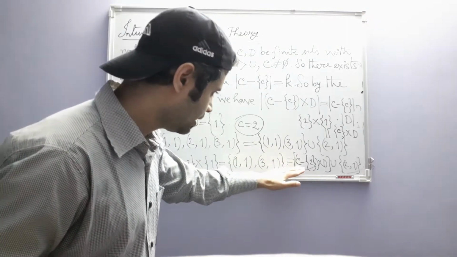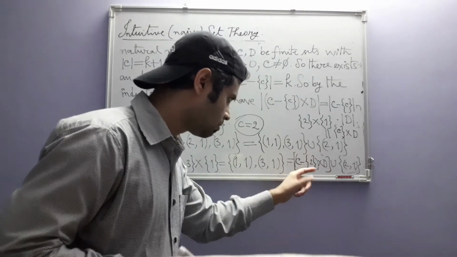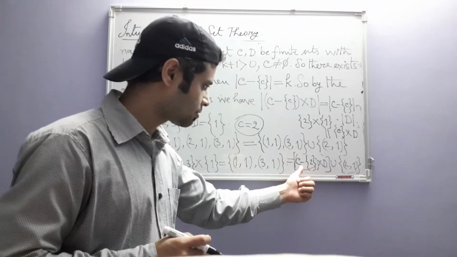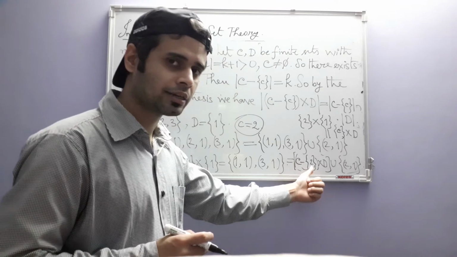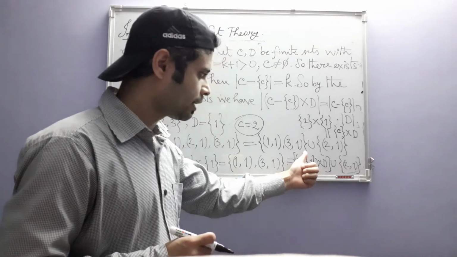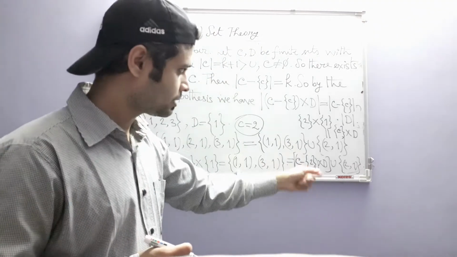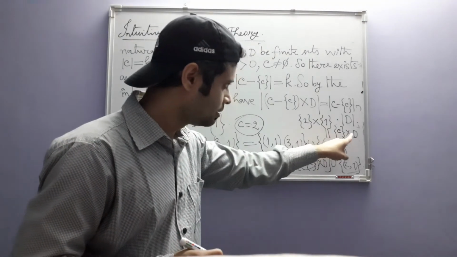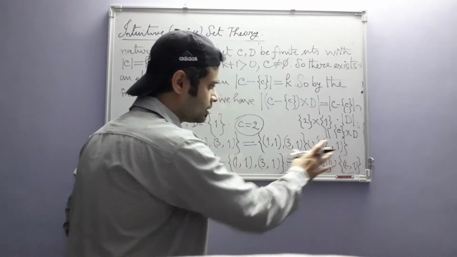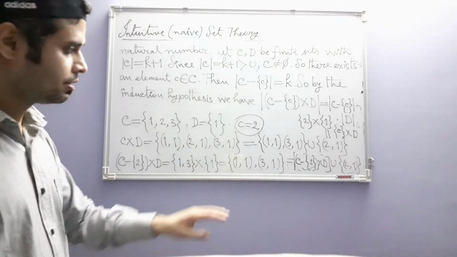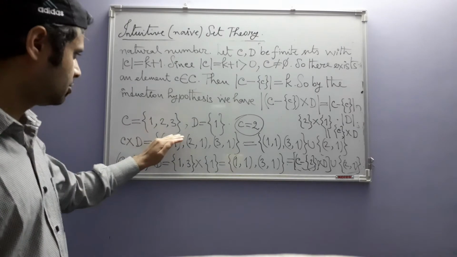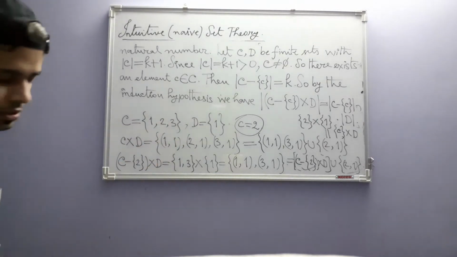Because in this set, the elements are ordered pairs where the first coordinate is coming from C minus {2} and the second coordinate is coming from D. So the first coordinate cannot be equal to 2. Whereas in the second set, the first coordinate is equal to 2. So these two sets are disjoint, and we are taking their union, and their union turns out to be equal to this.